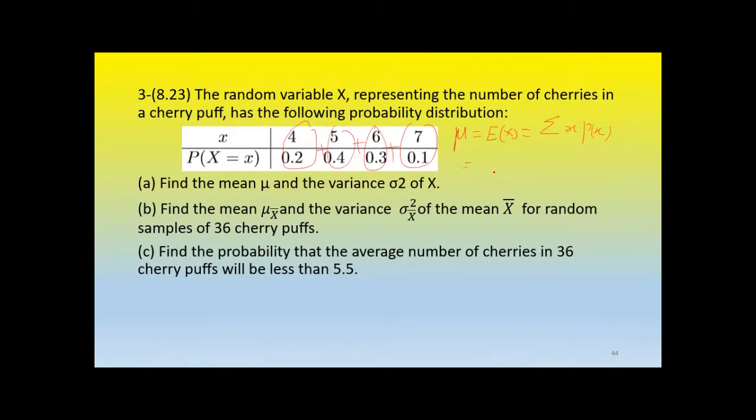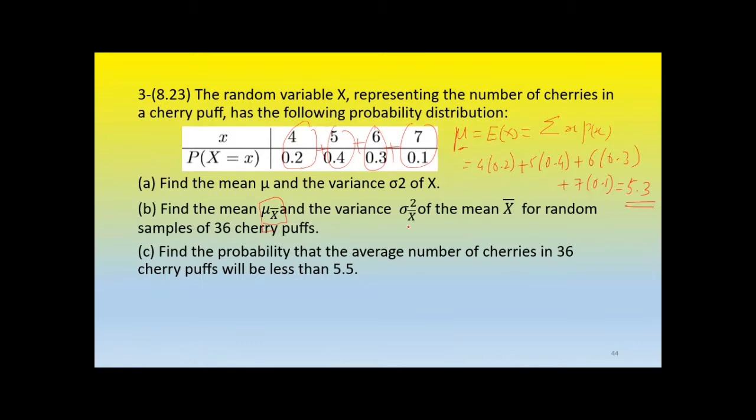So we start with 4 times 0.2 plus 5 times 0.4 plus 6 times 0.3 plus 7 times 0.1. Use a calculator, and the mean is 5.3. Note down, this is your mu, and of course mu x bar as well. Mu and mu x bar are the same.